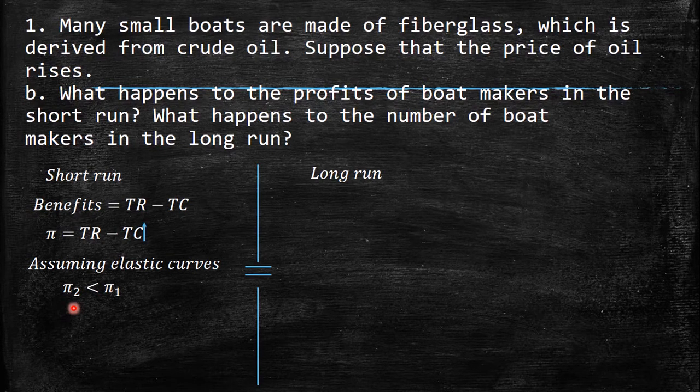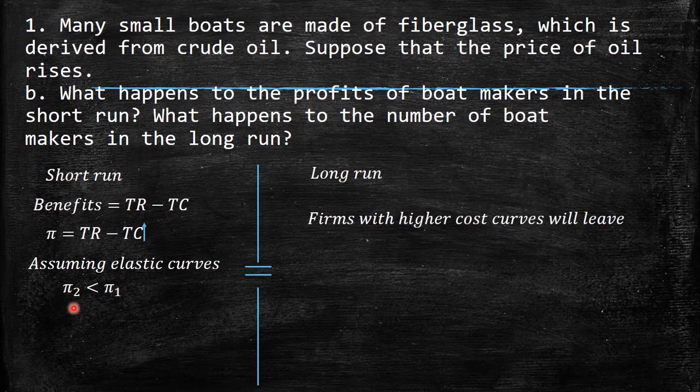Automatically, when we have lower benefits, just the companies that have better cost structures, more efficient ways to produce, can still stay in the market. Otherwise, they need to leave. So the idea is that in the long run, the number of boat makers will decrease.